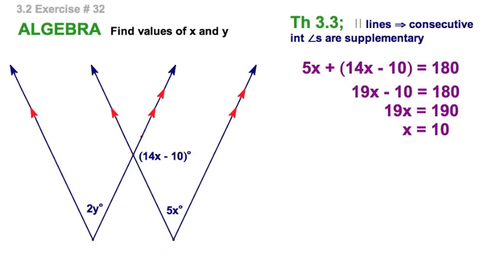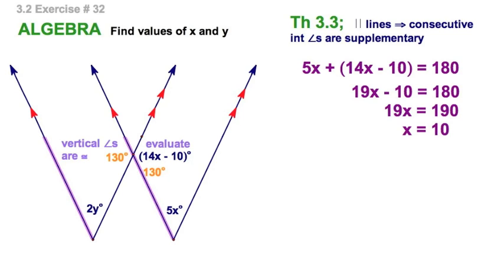And now for the y. You know, we could write it in terms of x, but let's just take the easy way out. I'm going to evaluate this expression. 14 tenths minus 10 is 130 degrees. Then I'll take advantage of my vertical angles theorem to say that this angle is 130. And now I've got these two angles which have the same relationship, but to this pair of parallel lines.